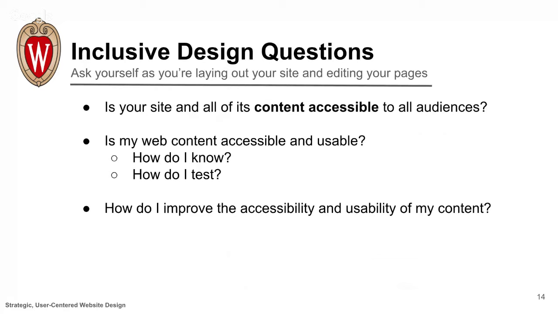So asking yourself, is your content accessible to all audiences, really boils down to not making your content specific to any particular sensory need or modality. And so in our courses, we'll talk about what are the different sensory capabilities that people have, and how might you design text-based data and turn all your visual content into content that also is supplemented by text alternatives, so that all people can reach that information in the way that they want to reach it through their devices, whether they be considered assistive devices or they are mobile devices.